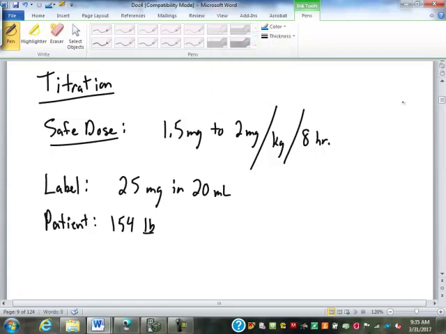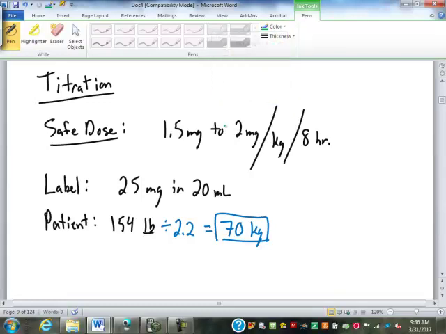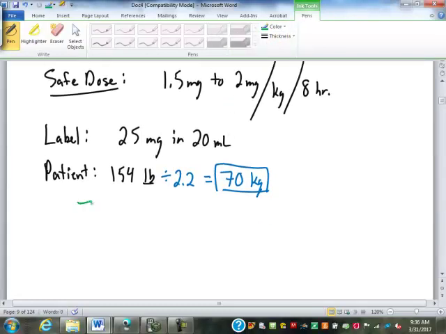Now, once again, the first step is always going to be to convert that weight into kilograms if it's not in kilograms. So divide by 2.2. So that gives us 70 kilograms. Now that's where we're going to start out. Do 70 kilograms over 1 to make it a fraction.